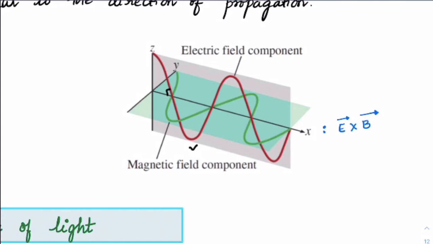So Y is the direction of the magnetic field, Z is the direction of the electrical field, and X will be the direction of propagation.